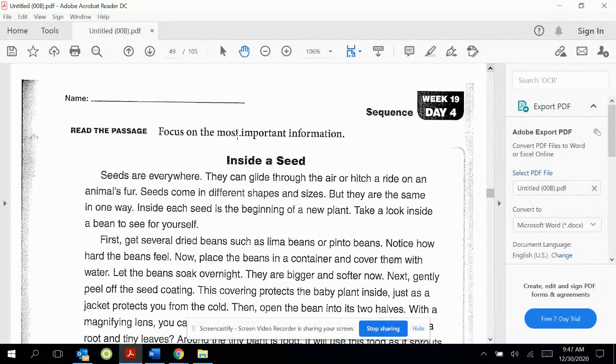When you are looking for steps, instructions, or the order of a process, it helps to look for words that signal sequence.